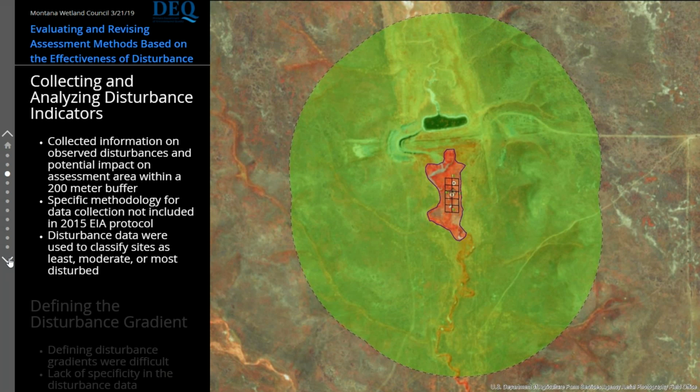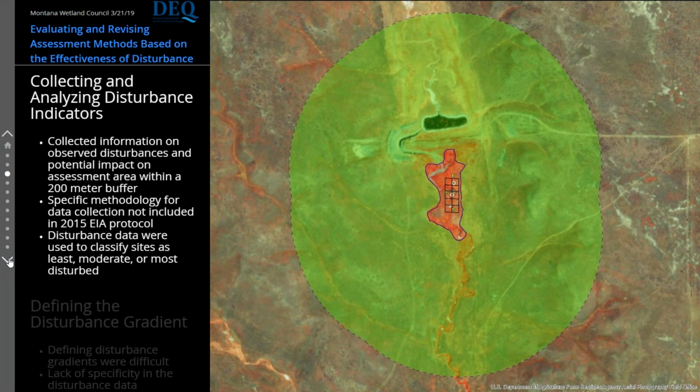The 2015 protocol didn't give a lot of guidance on how to best collect disturbance data in the buffer. Not so much the AA, but in the buffer. And so it was really left up to us to decide, okay, how are we going to, in a rapid assessment, collect good buffer data within 200 meters of this analysis area?